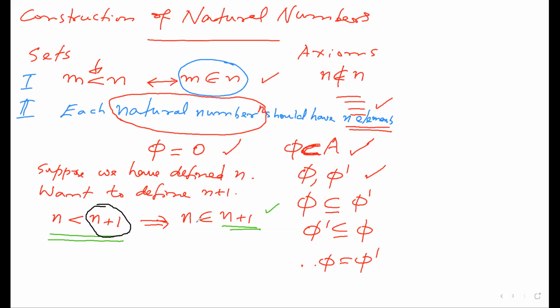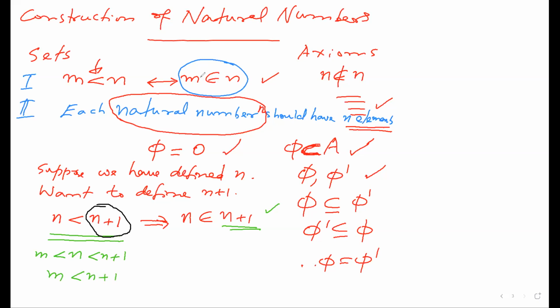Now, let's see if n is a set. Now, if there is an m less than n, and n is less than n plus 1, then m is less than n plus 1.